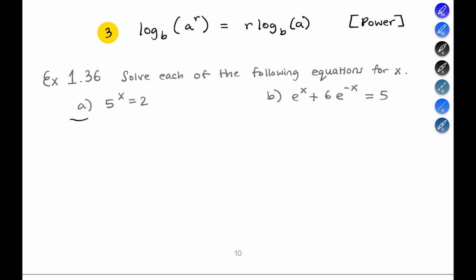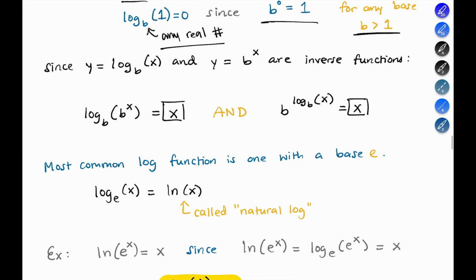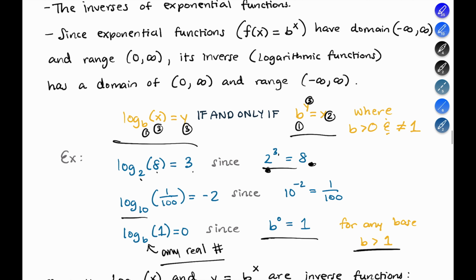So a simple way to do that is to convert this exponential form into a logarithmic form. Like I showed you earlier, this is the form: b to the power of y is equal to x is the exponential form, and log base b of x is equal to y is the logarithmic form.